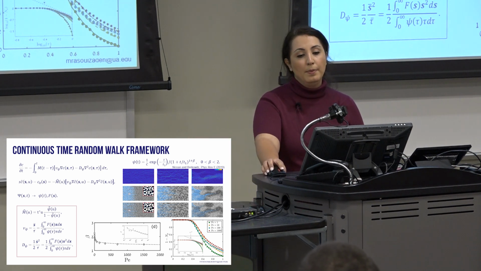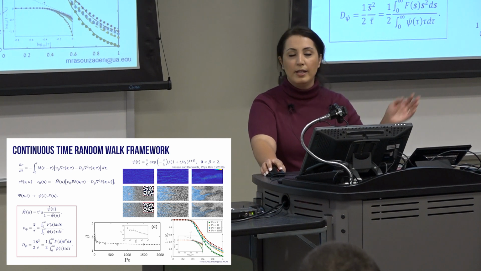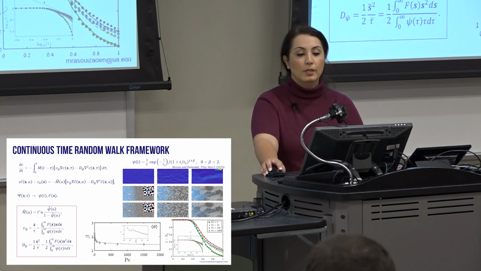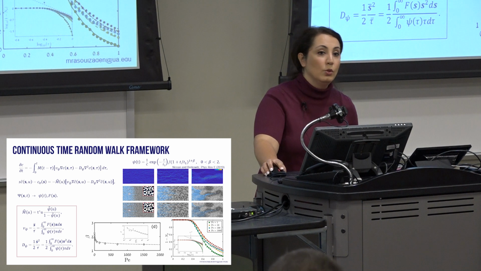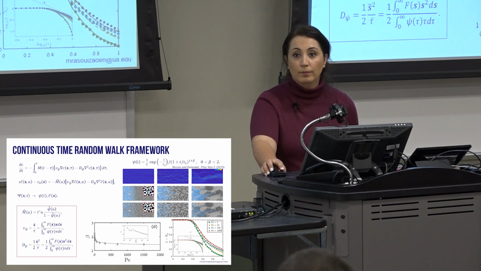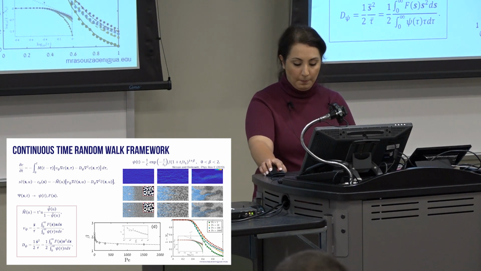So there are many people who work in this area. I am personally a fan and follower of what Berkowitz and his collaborators do. They did a great job in showing that truncated power law is actually a suitable choice for highly heterogeneous media.